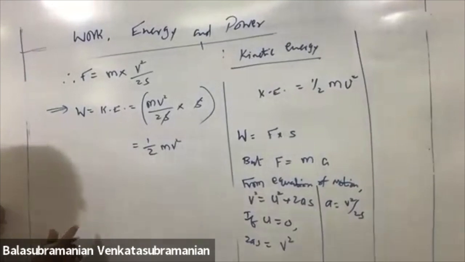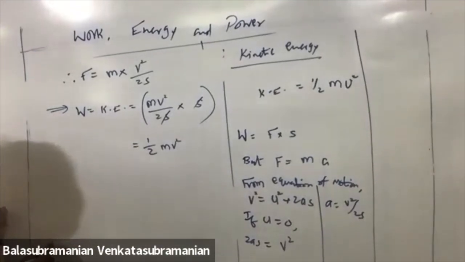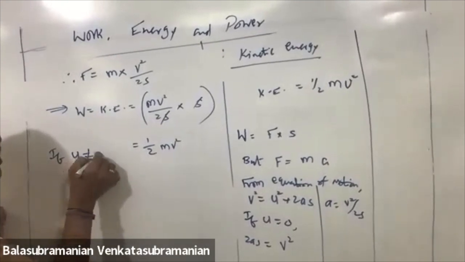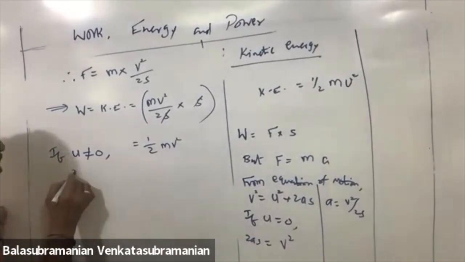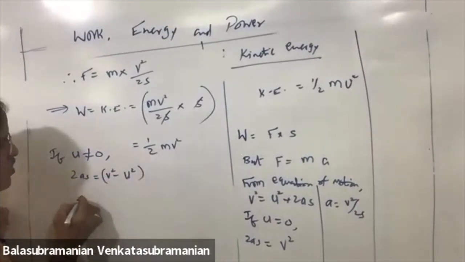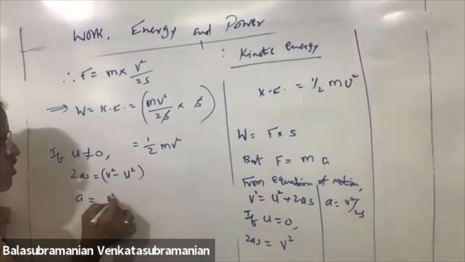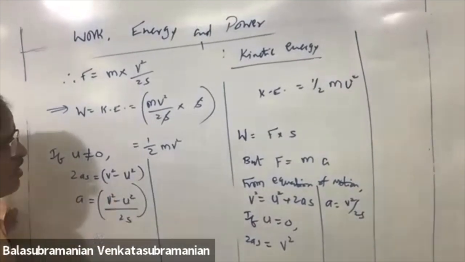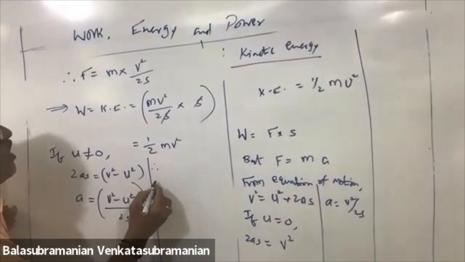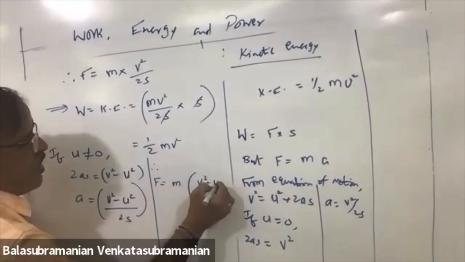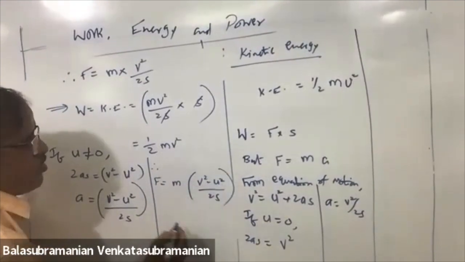In that case, if U is not equal to 0, then 2as is equal to V square minus U square. a is equal to V square minus U square by 2s. Therefore, F is equal to m into V square minus U square by 2s.